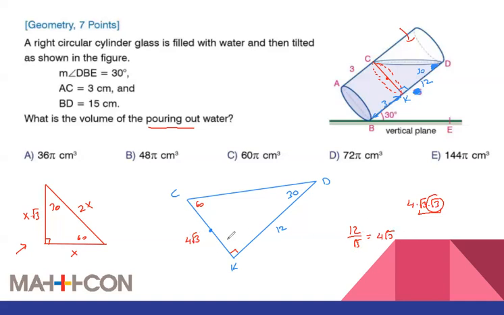Since this is 4√3, this half is 2√3, and this is 2√3, which is the radius of this cylinder.